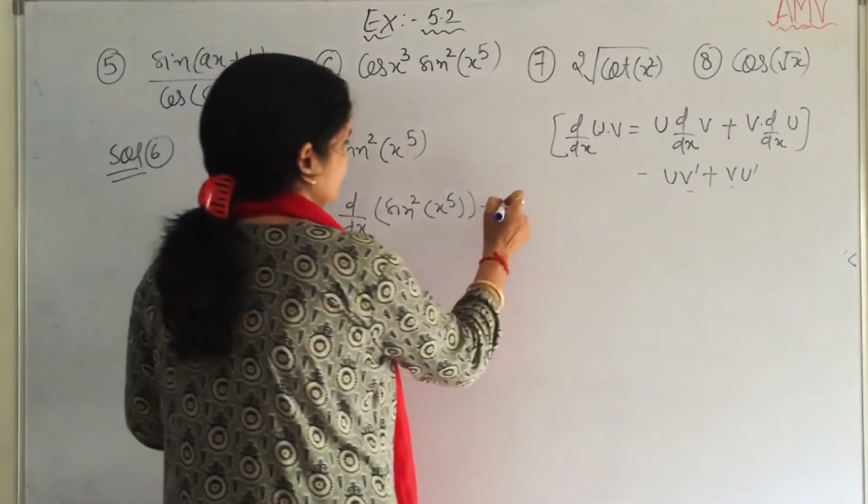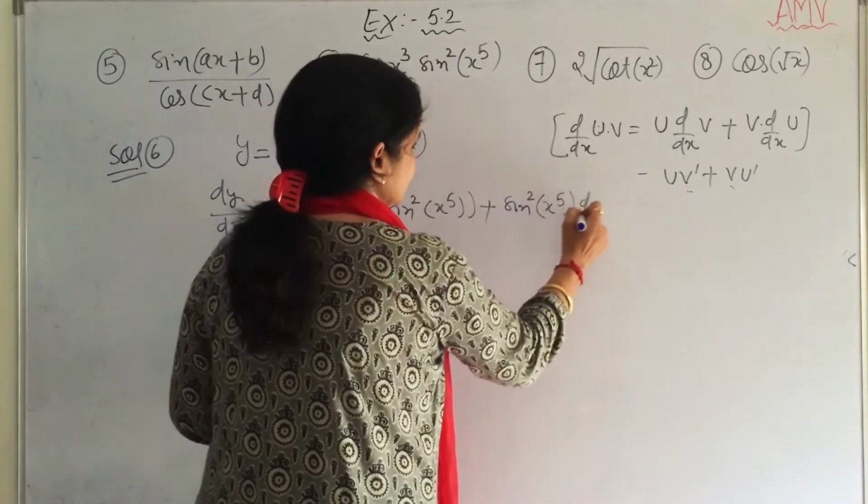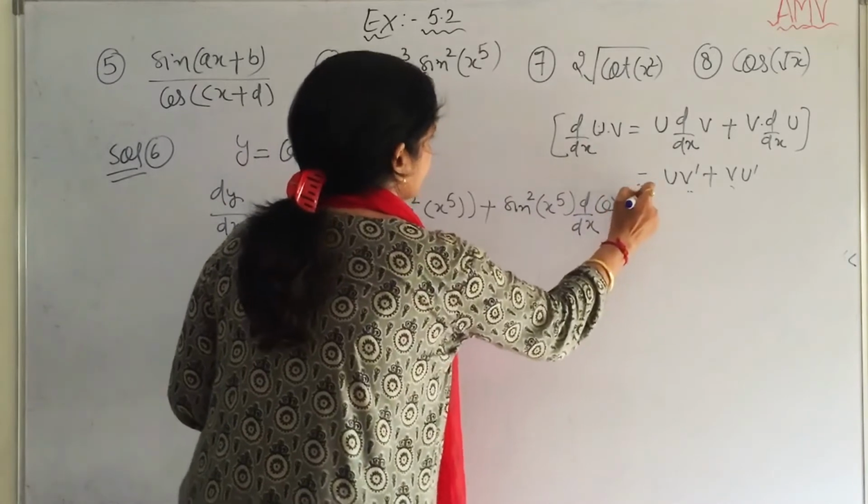Then plus sin square x^5 as it is, and d by dx of cos x cube.